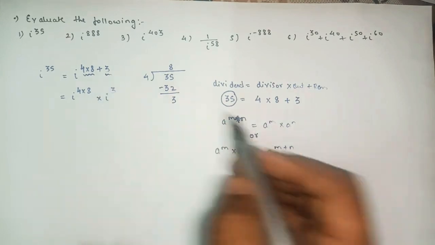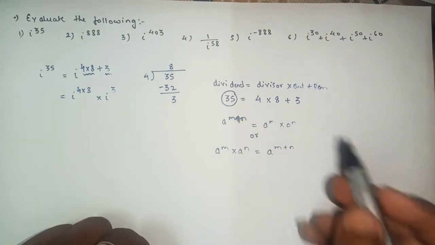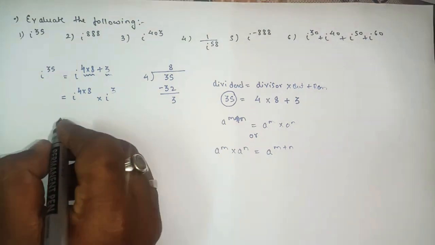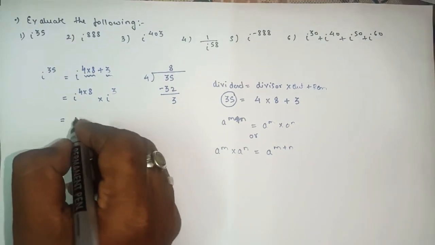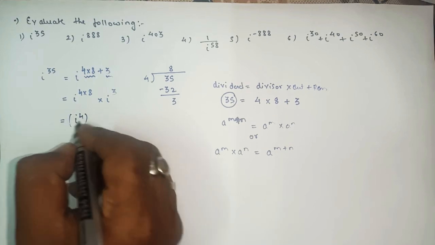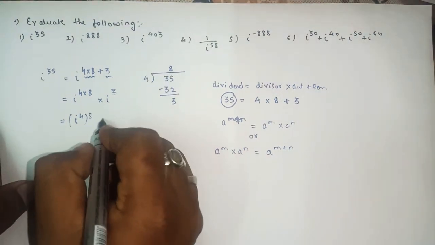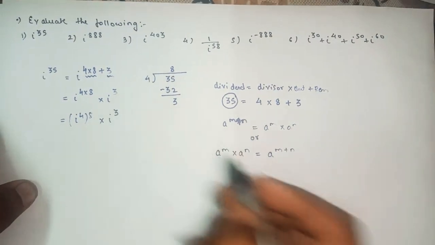If plus is there, we can break it as a raised to m into a raised to n, or vice versa. Now can I write this as 4 inside and 8 outside the bracket? Yes or no? 4 inside and 8 outside the bracket, into i cube as it is.